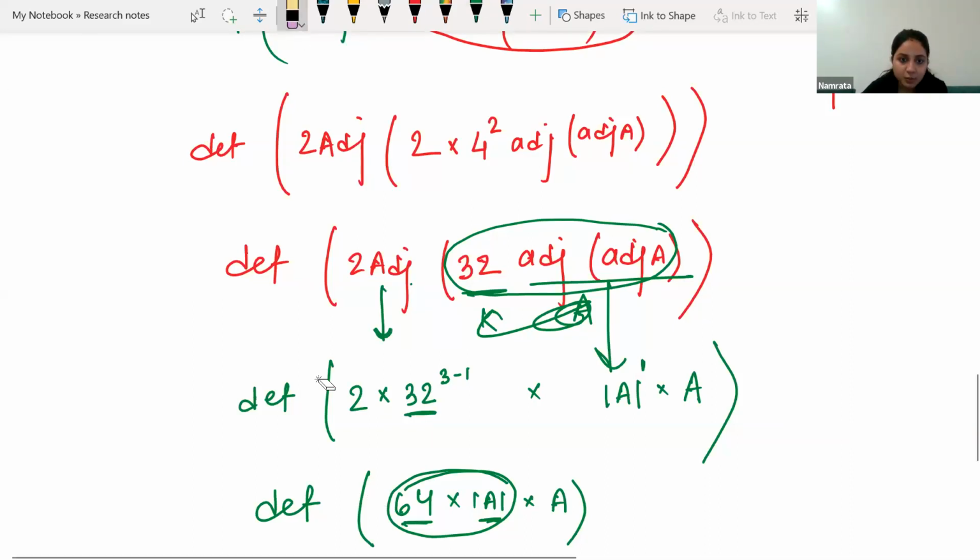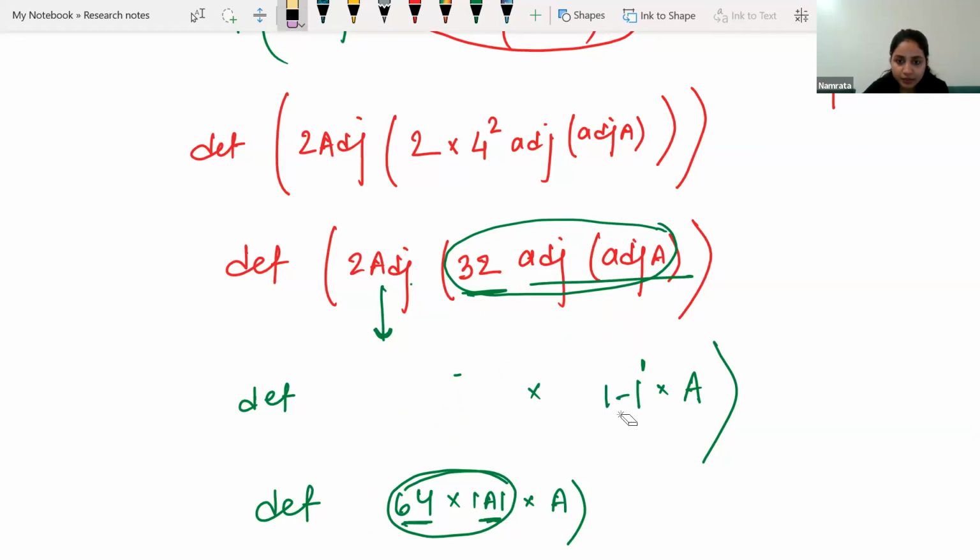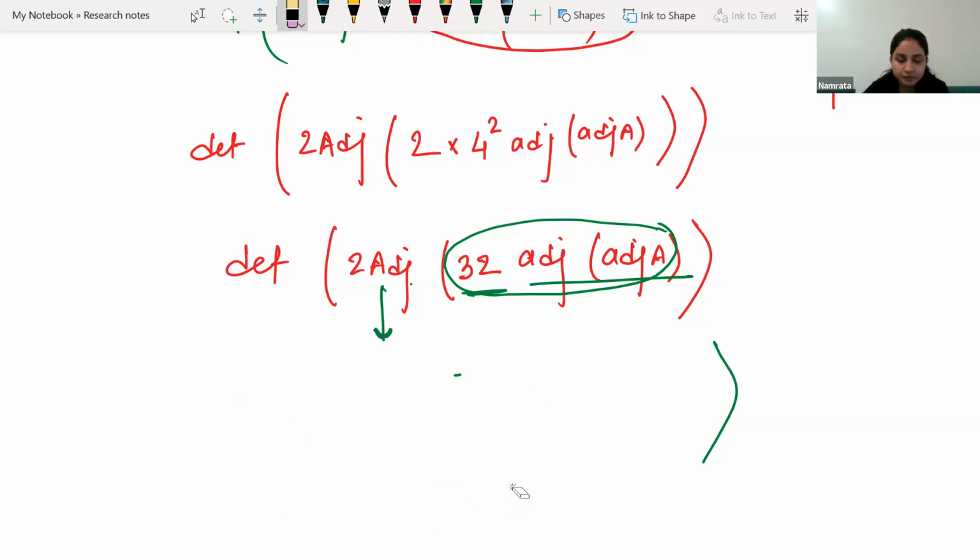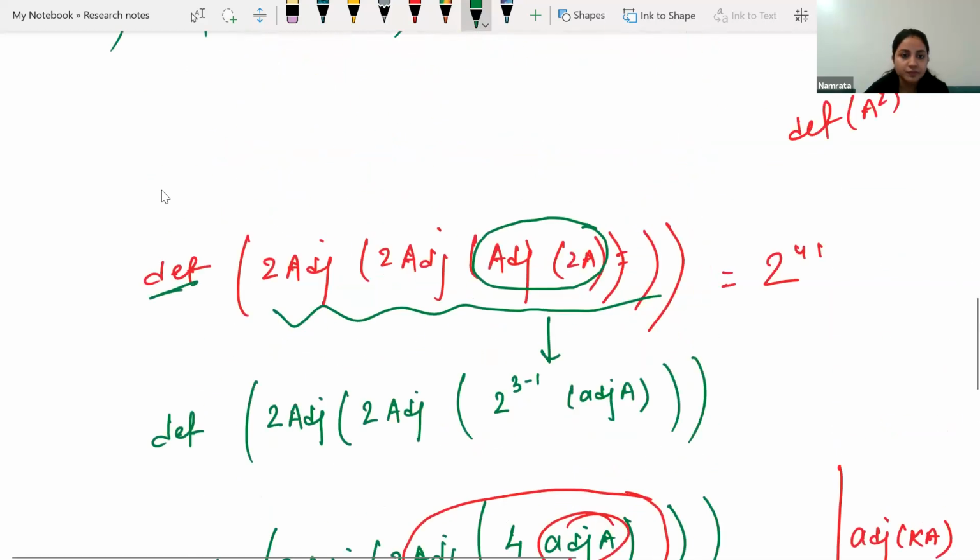Let me wipe this part and let me write everything clearly. So this will give the formula that determinant of A to the power n minus 1 times A. Check it.